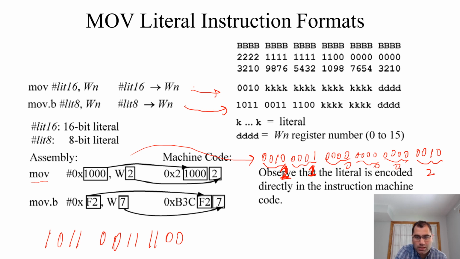Since it's an 8-bit literal, we just convert F2 into binary. It's going to be 1, 1, 1, 1, and 0, 0, 1, 0. The destination is W7, and W7 in binary is 0, 1, 1, 1.